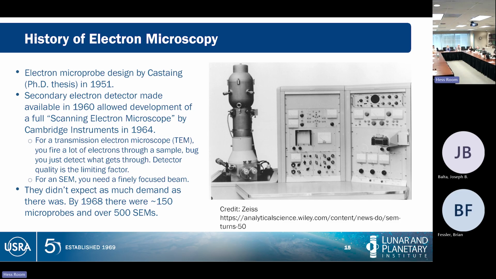So how you control the electron beam is another innovation that came in the early 1960s. They thought originally that there was going to be more demand for the microprobe, but by 1968, there were 150 microprobes and over 500 scanning electron microscopes because of how flexible this type of instrument is and how many different things you can use it on for imaging purposes.